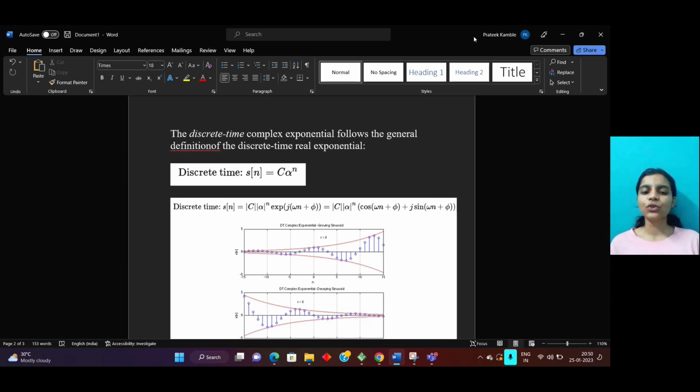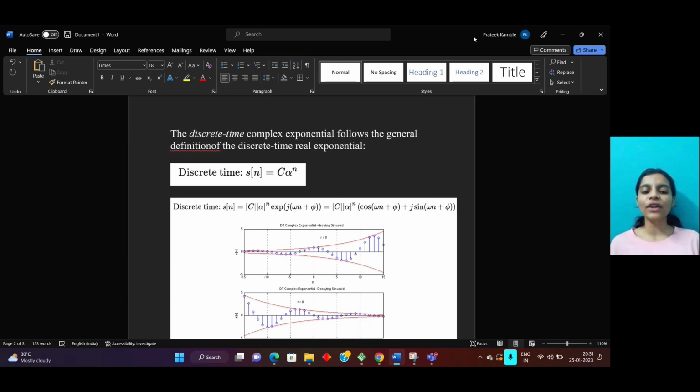Depending on the magnitude of A, we obtain different types of discrete time complex exponential signals. For magnitude of A equal to 1, both the real and imaginary parts of the complex exponential sequence are sinusoidal.